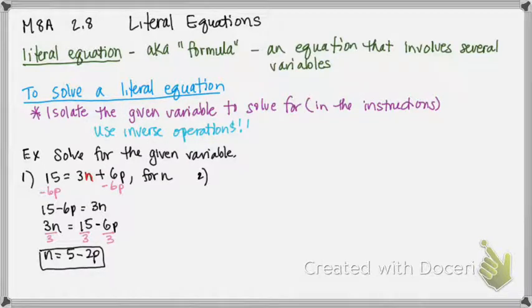Let's do another one. Let's say we have k minus 2 divided by 5 equals 11j, and we want to solve for k.